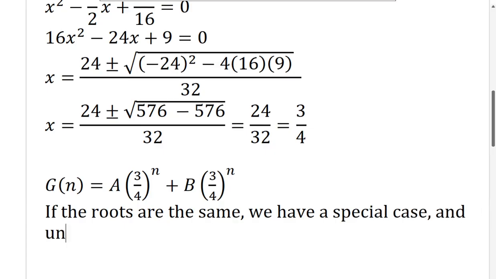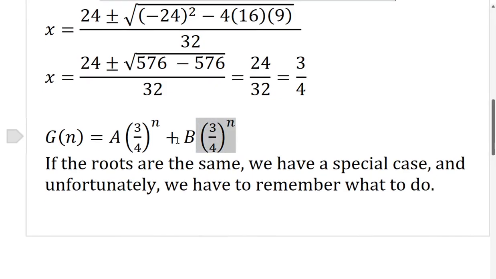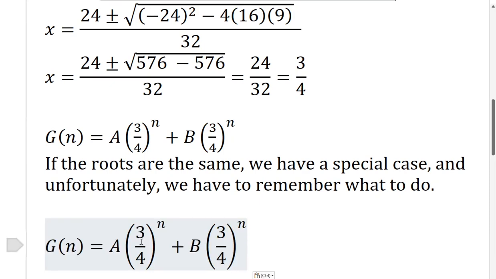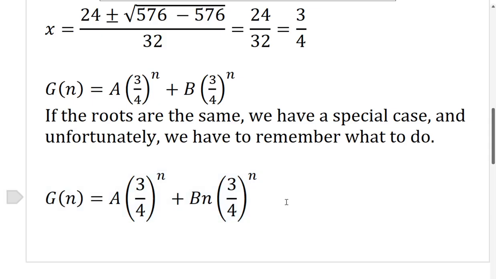And unfortunately, we have to remember what to do. It's not intuitive. It's just what we have to do, and it is what works. So instead of writing this where we have the same thing, we have to put an n alongside our B in the second part of our equation.